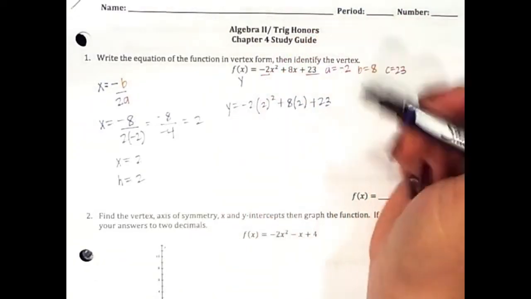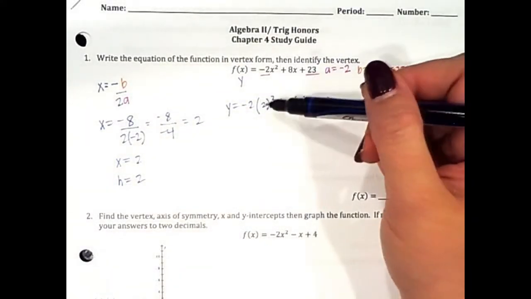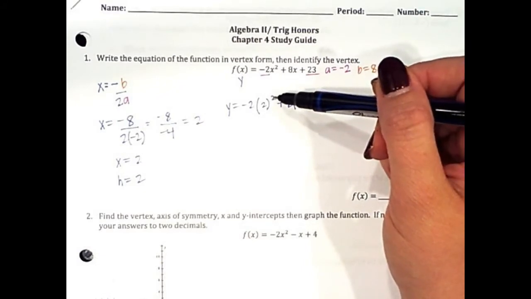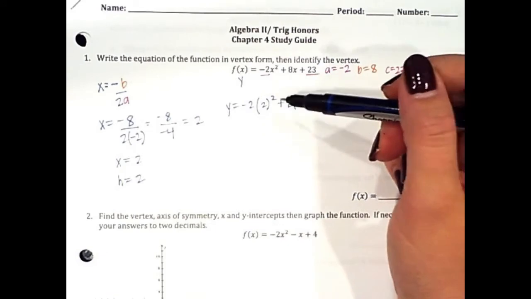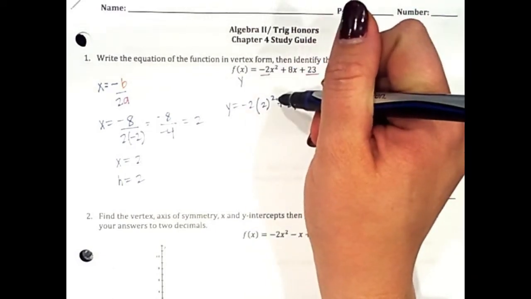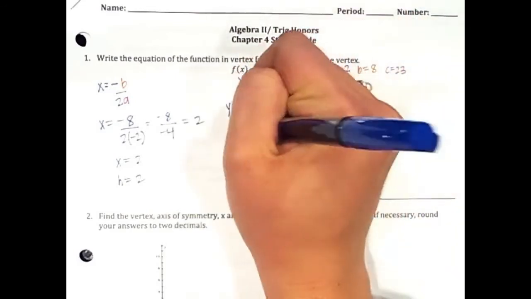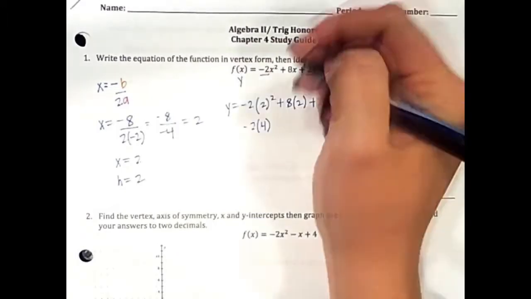So -2 times 4. Now remember, super important, because a lot of you guys make this error. We first do exponents. Remember, we have GEMDAS or PEMDAS, whichever one. So we first do exponents and then we multiply. So it'd be 2 squared, which is 4, and then we multiply that times -2.